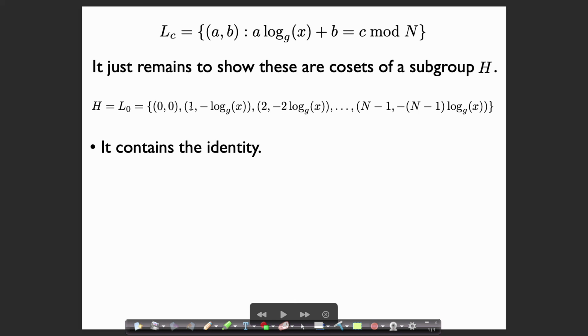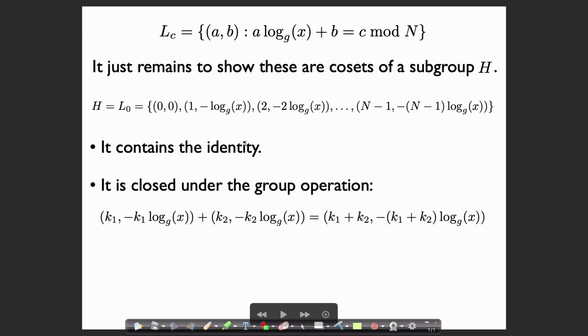And also we see that every element of the form (k, minus k times log base g of x) is going to be in this set, again just because of the definition here.